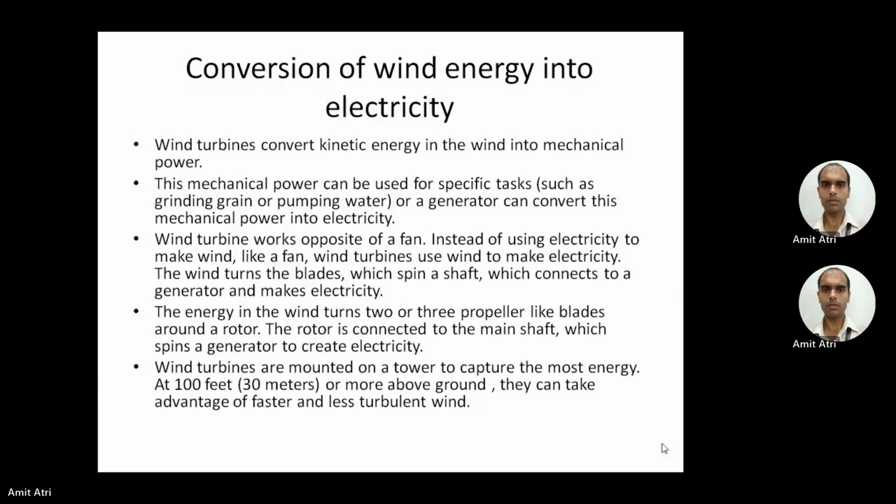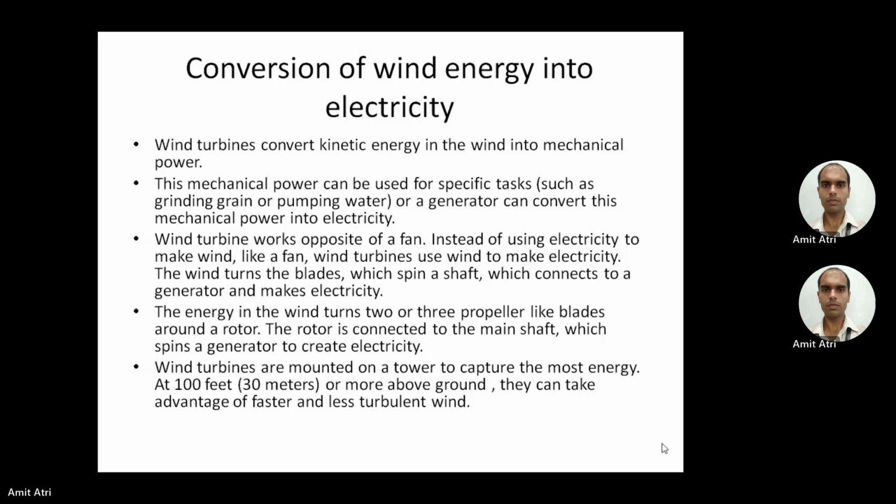Now here, instead of using electricity to make wind, the wind turbines use the wind energy to make electricity. Means the working is absolutely reverse. Wind energy is available, and using that we are producing electricity. The wind turns the blades, which spin a shaft connected to a generator, and we are getting electricity.